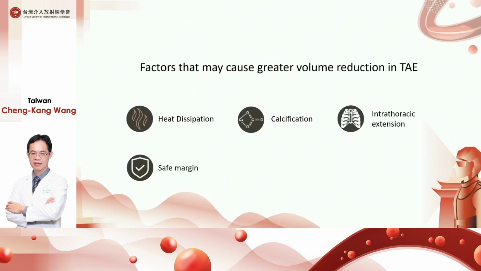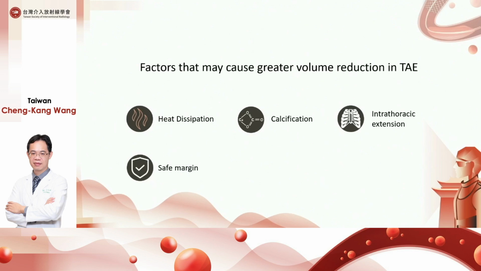Okay. So, factors that may cause greater volume reduction in thyroid artery embolization. TAE offers distinct advantages in treating nodules with a rich blood supply by using embolic materials to effectively reduce blood flow to the nodule, thereby promoting its shrinkage.